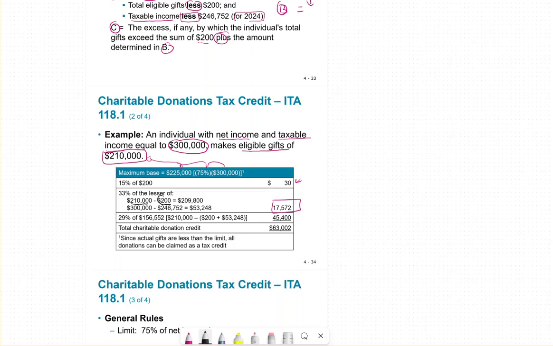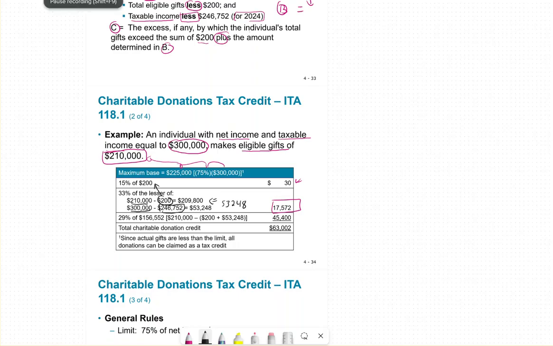We already took advantage of 200 at 15% for the tax credit. The difference between the both, we are left with 209,800, and your maximum base is 300,000 minus your 246,752 that is given to us by Revenue Canada. So then we take the lesser of those two.